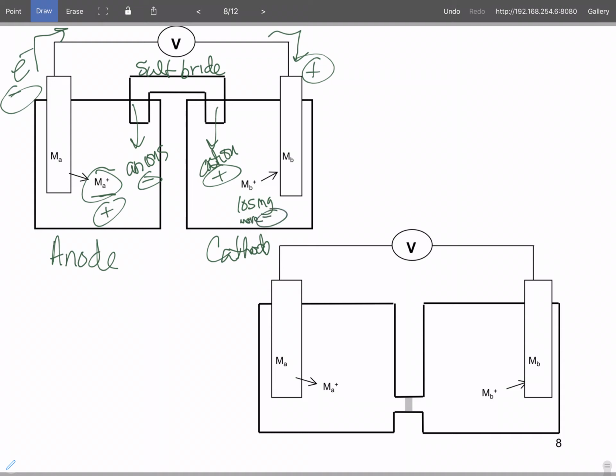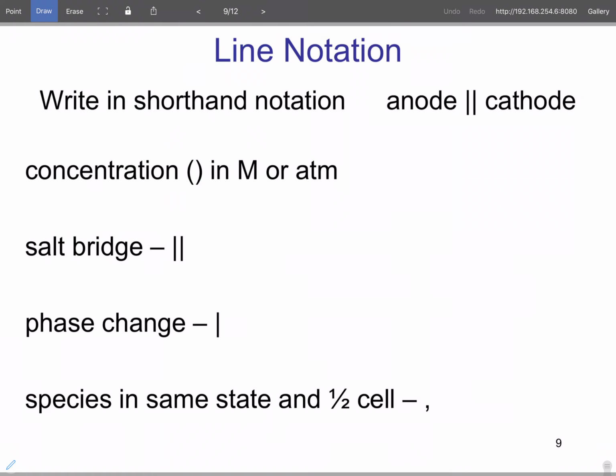So these are basically the simple parts of the cell, and this is the easiest way to draw it. However, this is bulky. So the way to draw a cell without having to draw all the pieces apart is a shorthand notation.